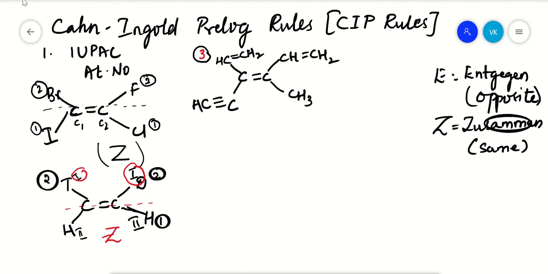If this is the molecule we have, which will be given more priority? All the groups attached to the double bonded carbons are carbons only, so all have the same atomic number. Now a triple bonded group is given more preference than a double bonded group, than a single bonded group. So out of these two, the triple bonded group is given more preference and the double bonded group the second preference.